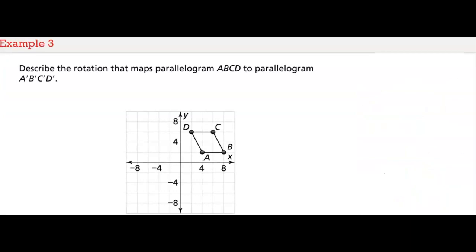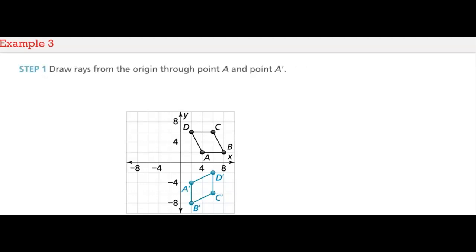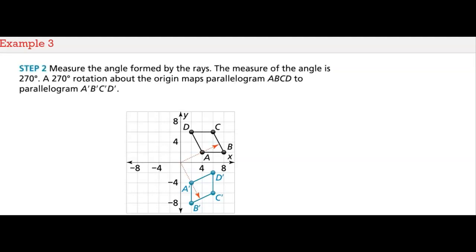Describe the rotation that maps parallelogram ABCD to parallelogram A'B'C'D'. The first step is to draw rays from the origin through point A and point A'. Next, measure the angle formed by the rays. The measure of the angle is 270 degrees.